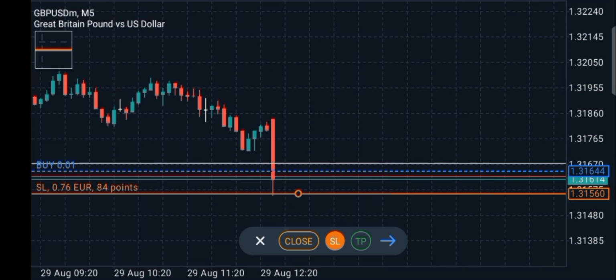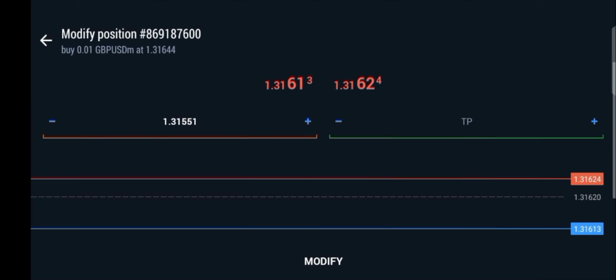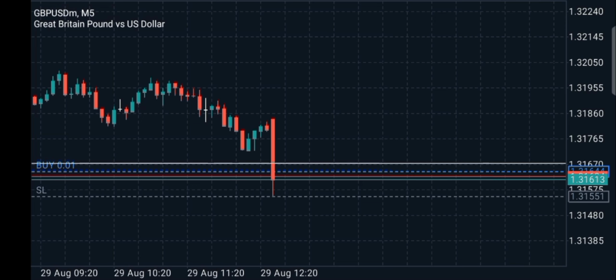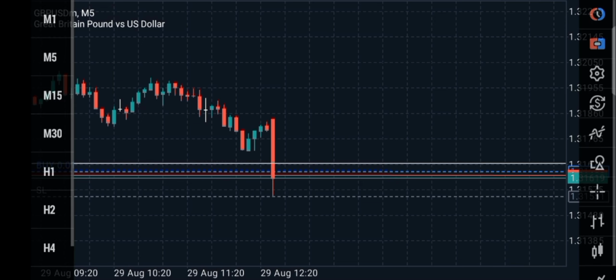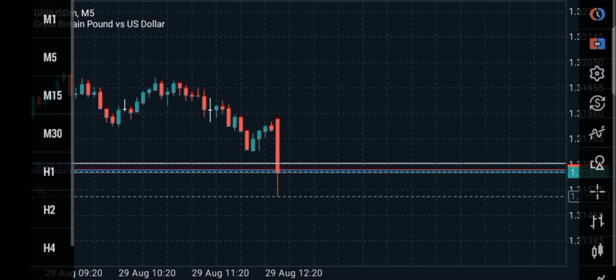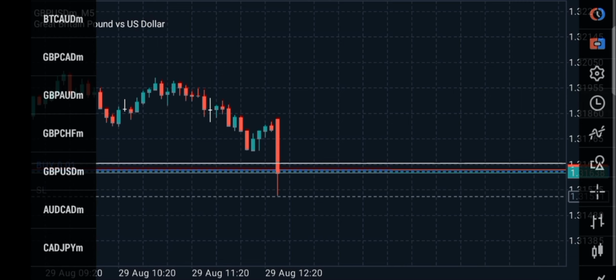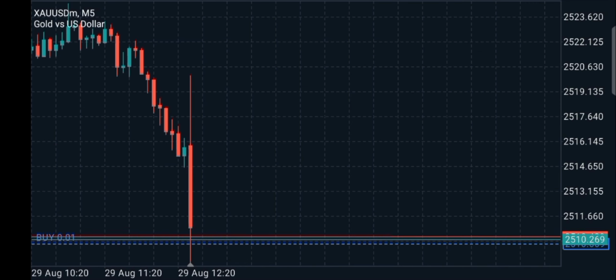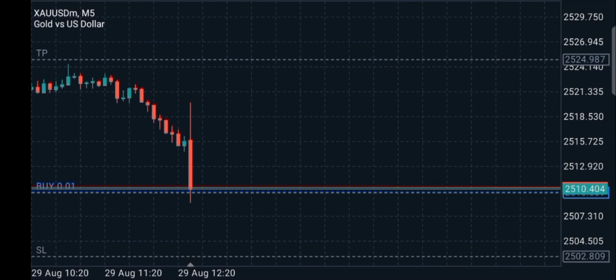So stop loss will be right below this low where it has taken out liquidity. And my take profit will be just right above. So let's go back to gold.